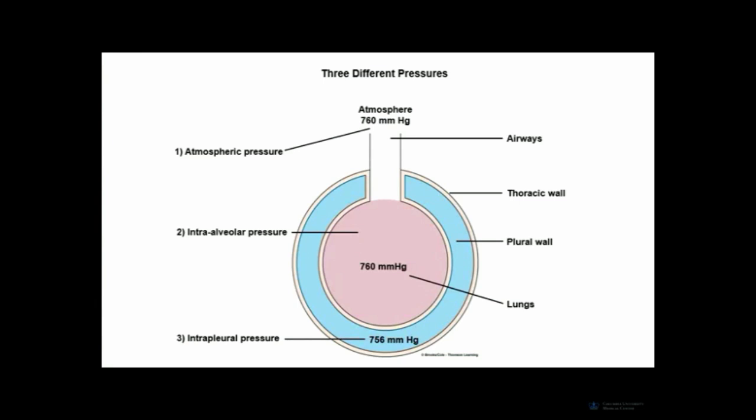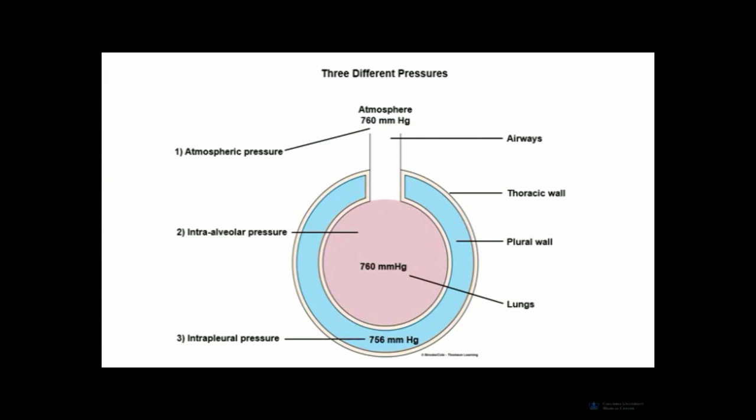Now, there is a relationship to keep in mind between pressure and volume. If we keep the same amount of air constant and we increase or decrease the volume of the space it occupies, we'll decrease or increase the pressure.